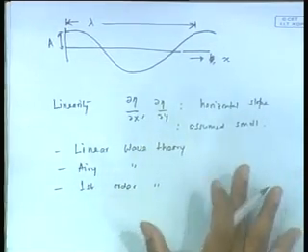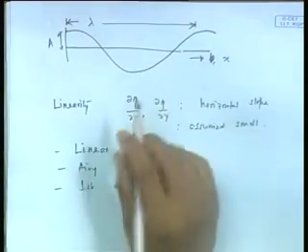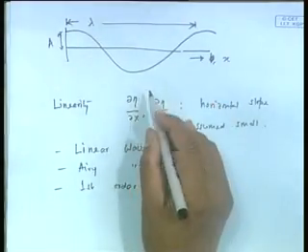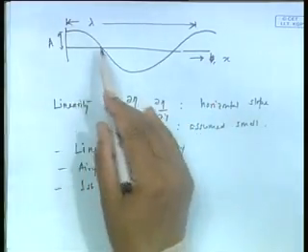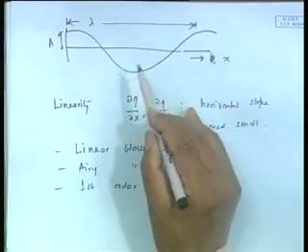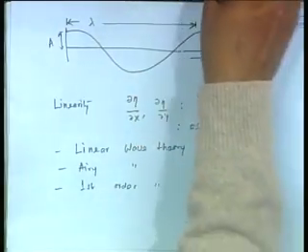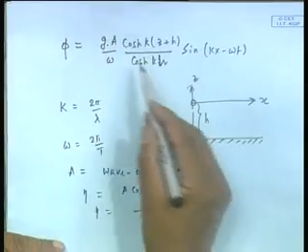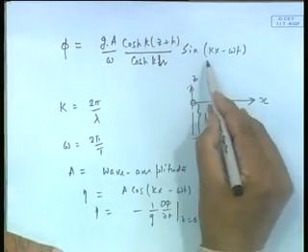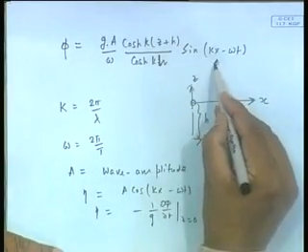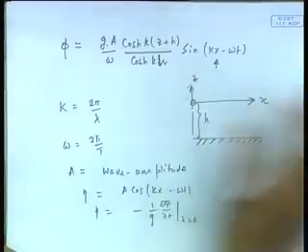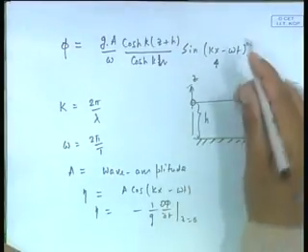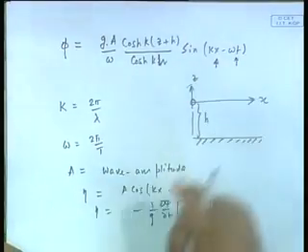All this means that you made an approximation that the slope is small, and if that is the case, then you end up getting a profile given by a sine curve. And what is most interesting to see here is that the phi expression back here is sinusoidal with respect to the spatial coordinate x, and also with respect to the time coordinate t.